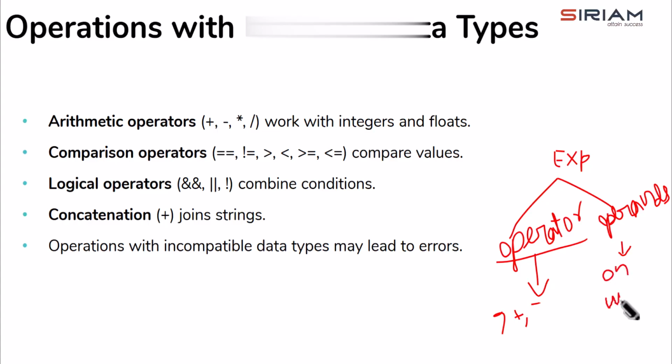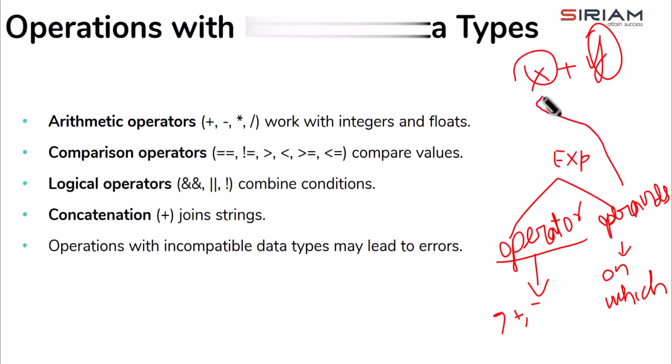For an example, if I write x plus y, who is operator and who is operand here? So x and y, on which we are performing the operation, are called operands, right? Whereas the operator is the plus sign. What operation we are going to perform, that thing is called the operator.